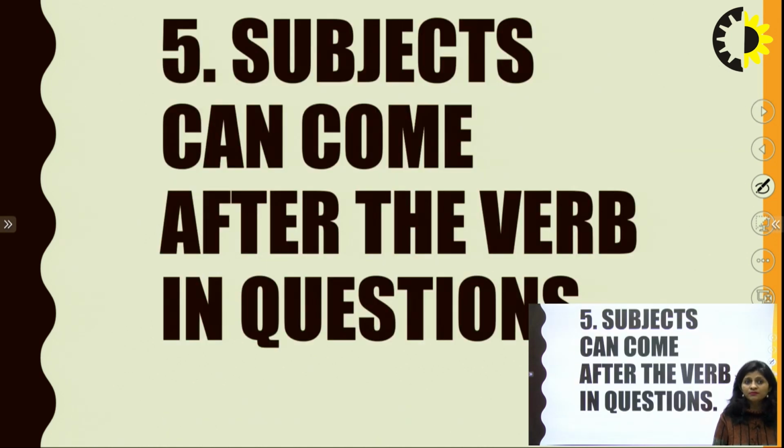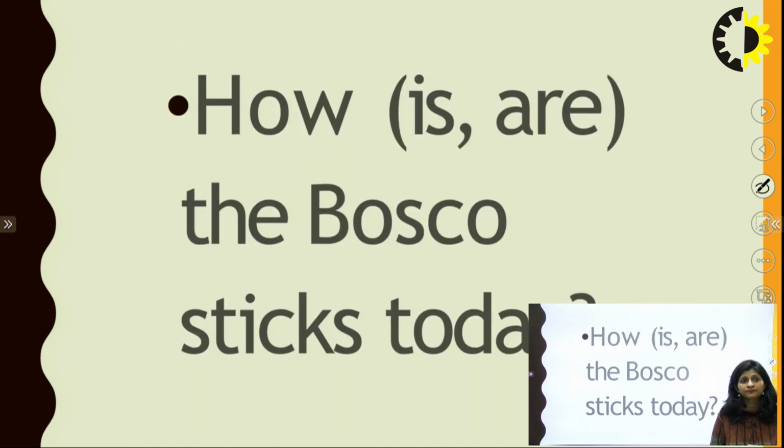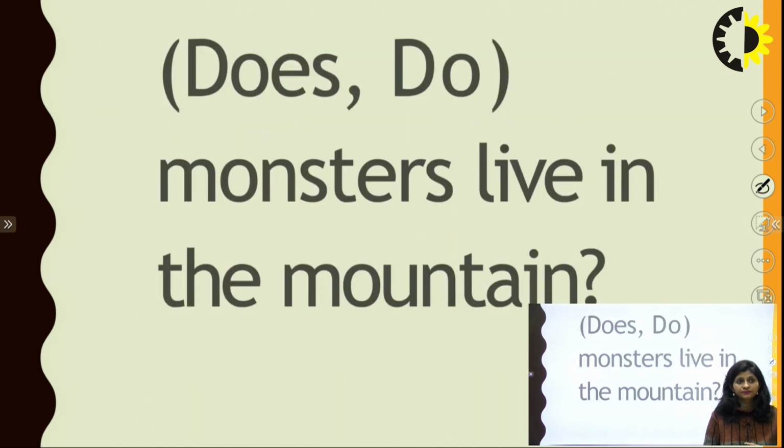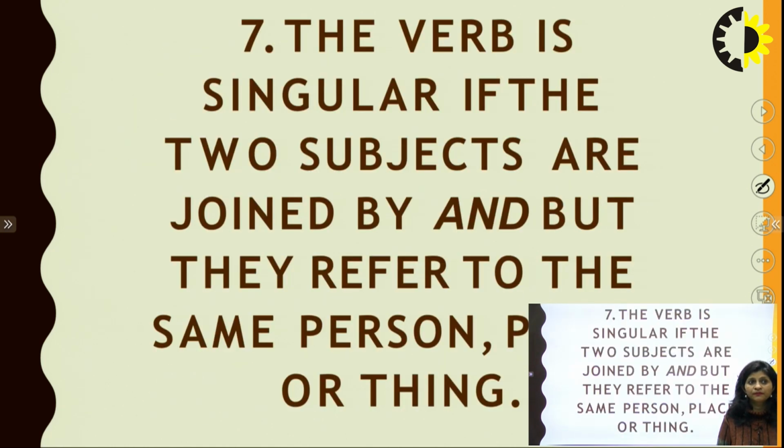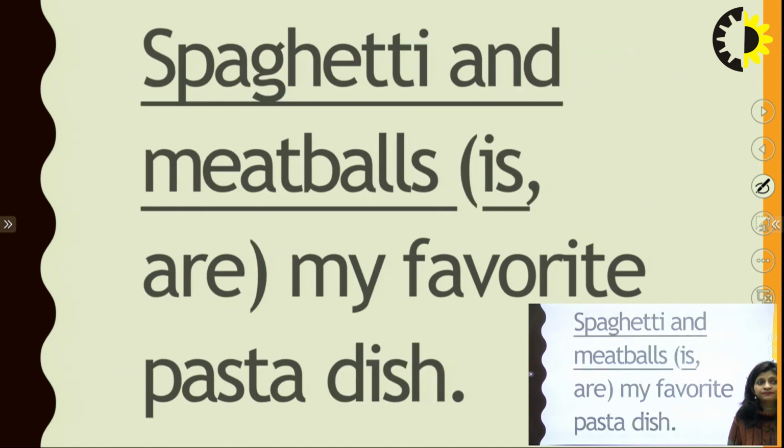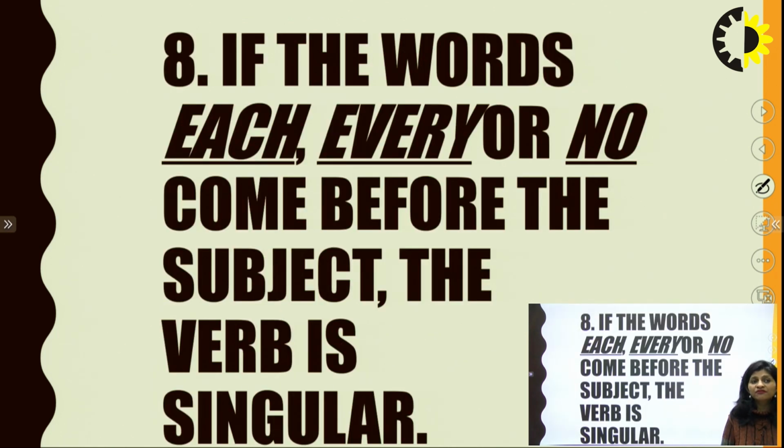Subjects can come after the verb in questions. If two subjects are joined by and, they typically require a plural verb. The verb is singular if the two subjects are joined by and, but they refer to the same person, place or thing, right? If the words each, every or no come before the subject, the verb is singular.